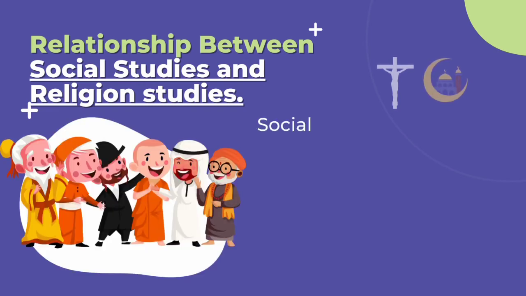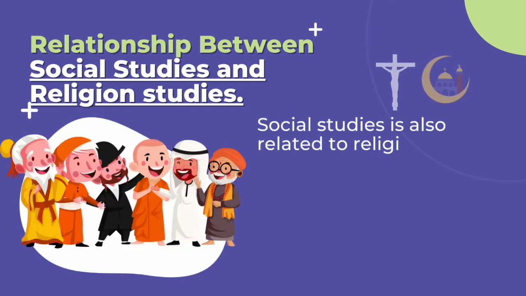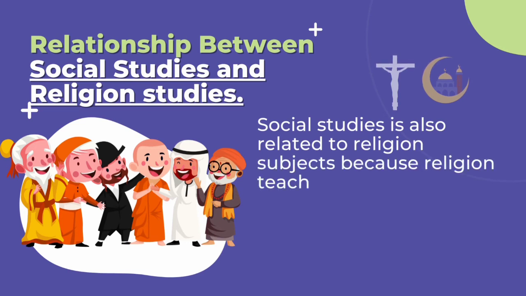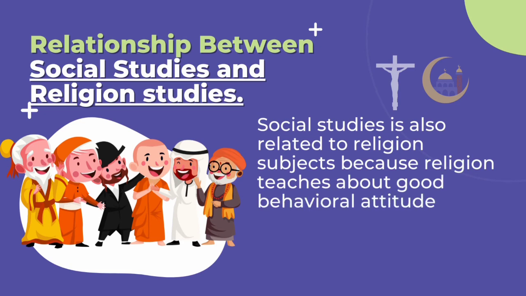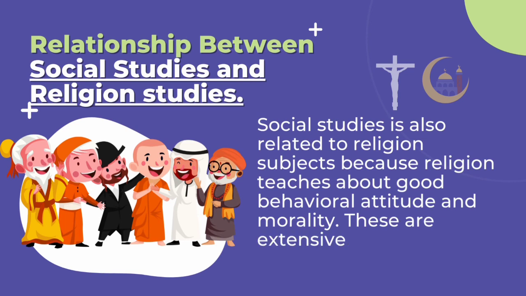Then the next is the relationship between social studies and religious studies. When I say religious studies, I'm talking about CRS and IRS. For the Christians, it's called Christian Religious Studies. And for the Muslims, those who are of the Islamic religion, they have what we call Islamic Religious Studies.